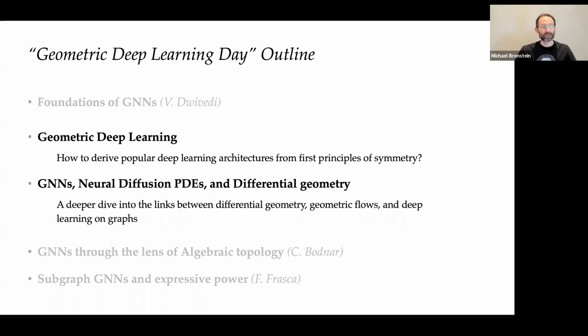Then my collaborators, Chris Bodner and Fabrizio Frasca, will talk about a slightly different approach, looking at graph neural networks through the perspective of algebraic topology: how you can extend message passing mechanisms to take into account structures that go beyond graphs, simplicial and cell complexes, and also connecting it to some deep and quite mysterious results in graph theory, such as the reconstruction conjecture. This will be the part on subgraph GNNs.